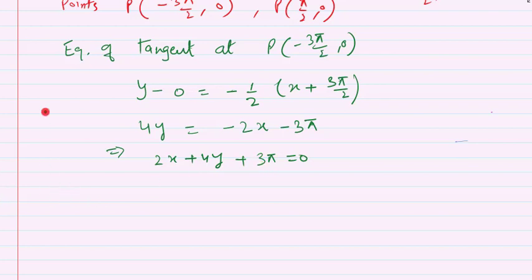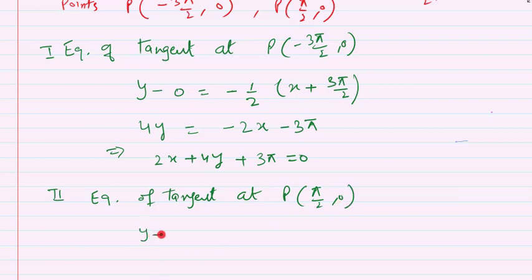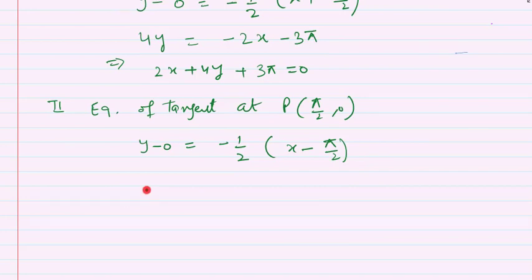This is the first equation, and the second equation of the tangent at the point (pi by 2, 0) is y minus 0 = minus 1 upon 2 times (x minus pi by 2). So clearly from here you get 4y = minus 2x + pi.